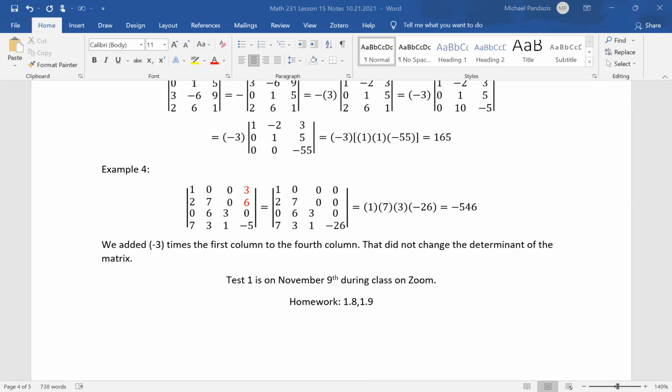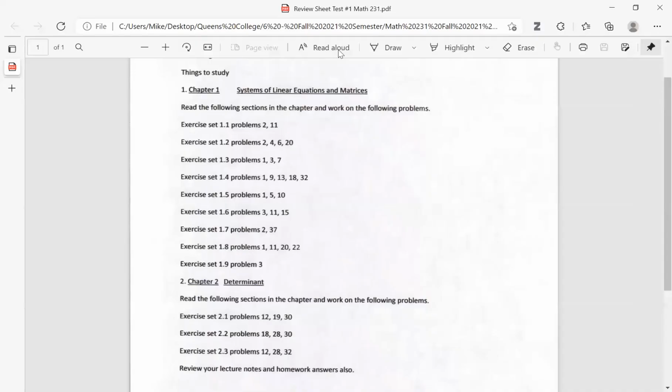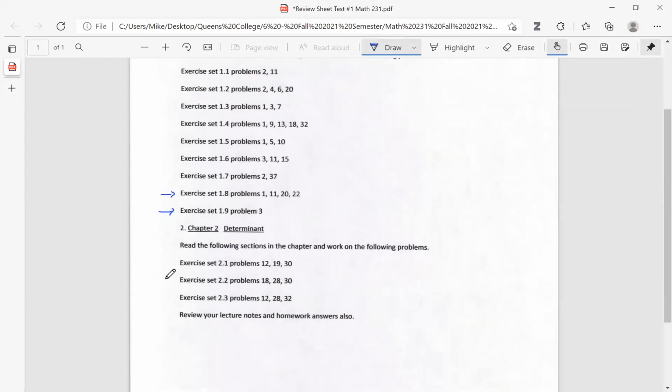The problems from 1.8, there's one problem from 1.9, and I'm also assigning problems from 2.1 and 2.2. All of that is due on Tuesday. So it's a lot of homework over the weekend.